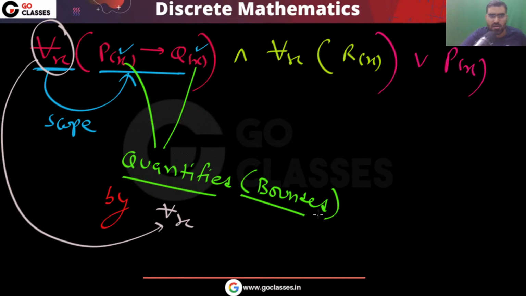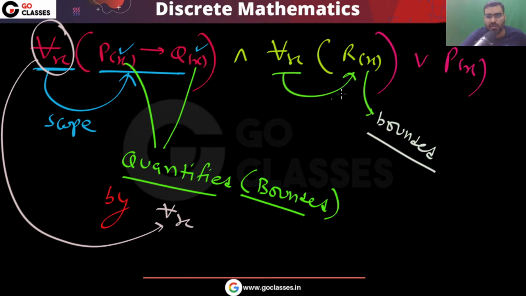Now similarly you can see this is also in the scope. So this x is also bounded, but by a different quantifier. Bounded means quantified. But remember, this x is free, this is completely free, right? Yes or no?